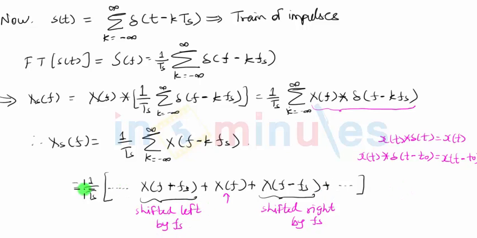And there will be so many shifted versions of X(f) by fs. So we conclude that the Fourier transform of the sampled version of the signal is nothing but the original frequency spectrum and all the possible shifted versions towards right and towards left by the amount fs, 2fs, 3fs and so on.